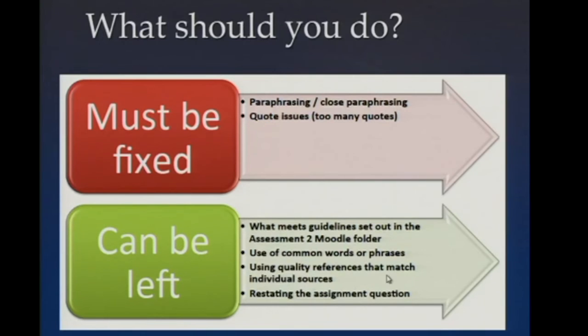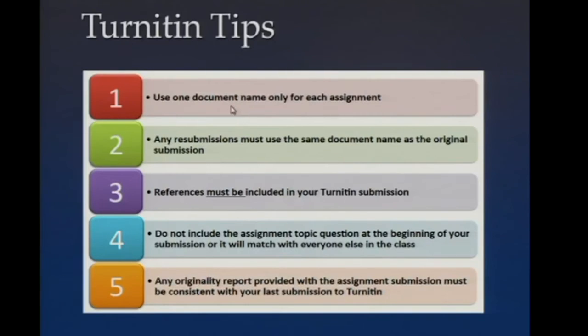The other things you can do to avoid a high originality score: make sure that when you determine the name of your assignment, you keep it the same even though you resubmit it over and over again. Make sure that your references are included in your Turnitin submission, otherwise it'll just go through the roof. Do not include assignment topic questions.